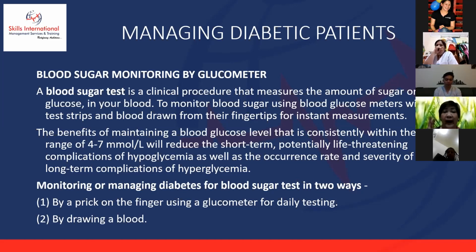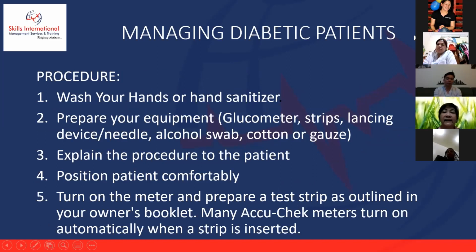So there are 2 ways to monitor, but for us, we are going to take a prick on the finger using a glucometer. Okay, so this is one of our roles now. We have to prick the patient and check the blood sugar level.